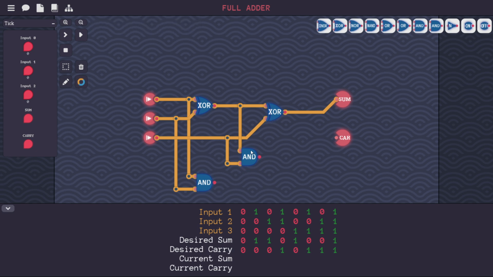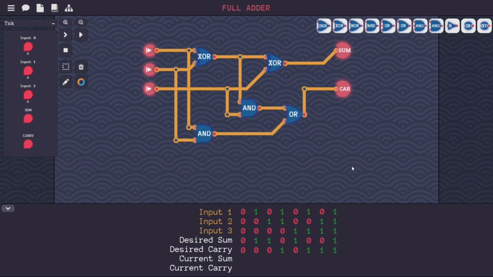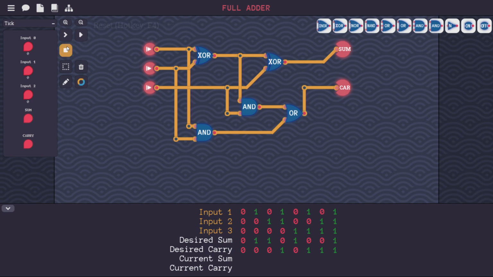And then to add these 2 to get the carry, we can just use an OR gate between this and this other one, and this should be our full adder. So let's try and see if that works.